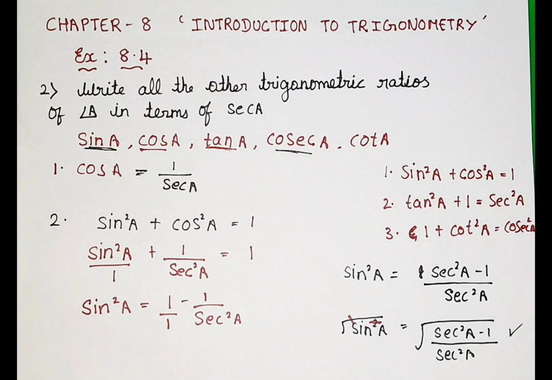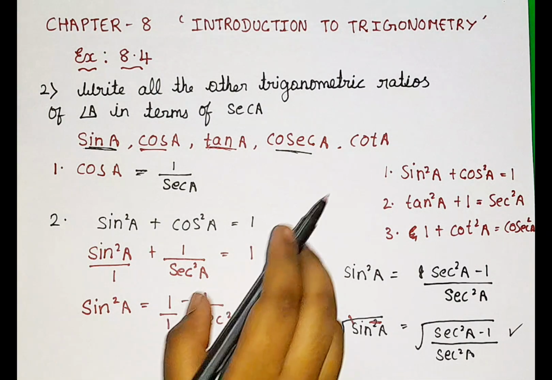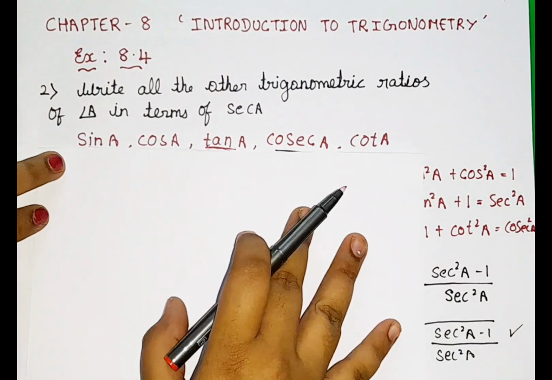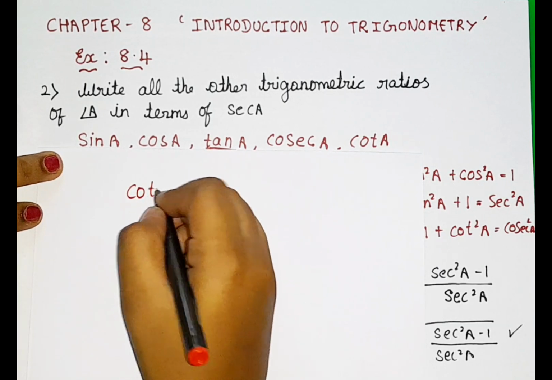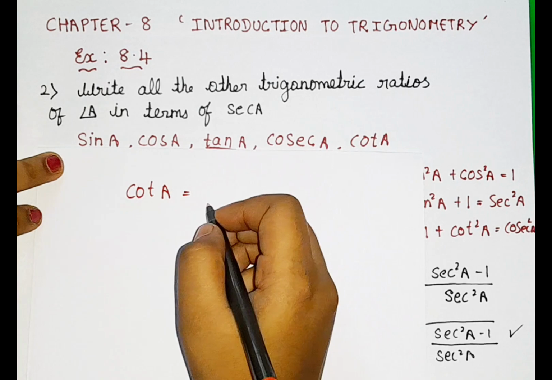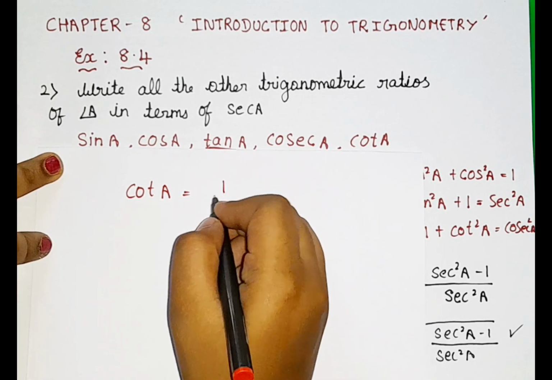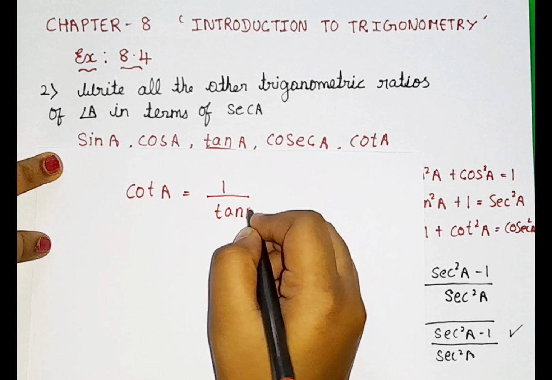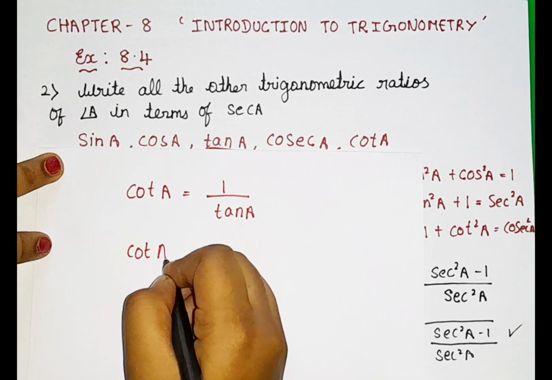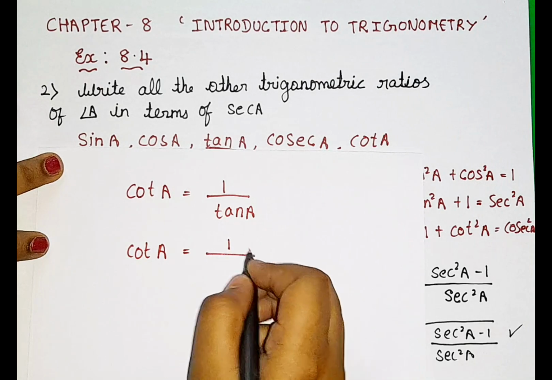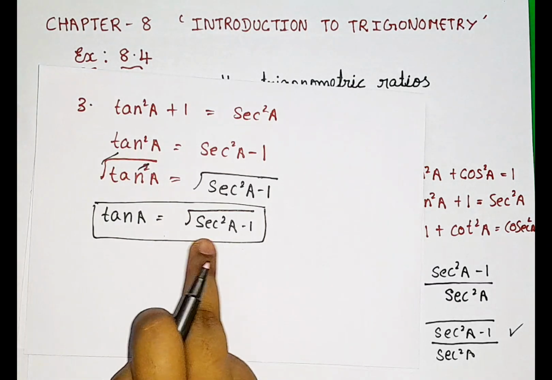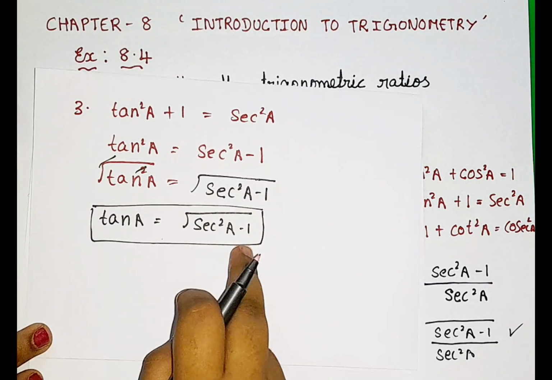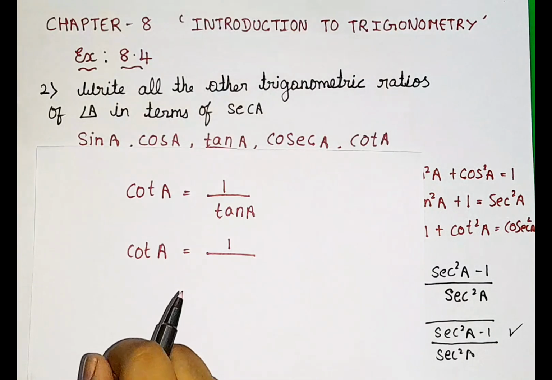Now let us find cot A. It is literally easy. Here we have cot A, and now let us change it into secant A. The formula for cot A is 1 by tan A, so cot A is equal to 1 divided by tan A. We got the value for tan A as root secant square A minus 1, so we can substitute that.